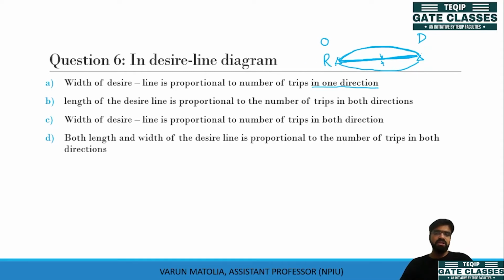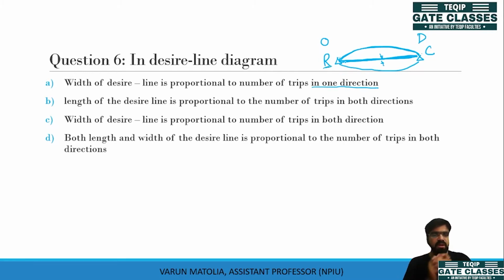If this is a residential zone and this is a commercial zone, there will be trips in the morning from the residential zone to the commercial zone. But in the evening, the same route is chosen, or there may be a condition where another route is chosen, from the commercial zone to the residential zone.